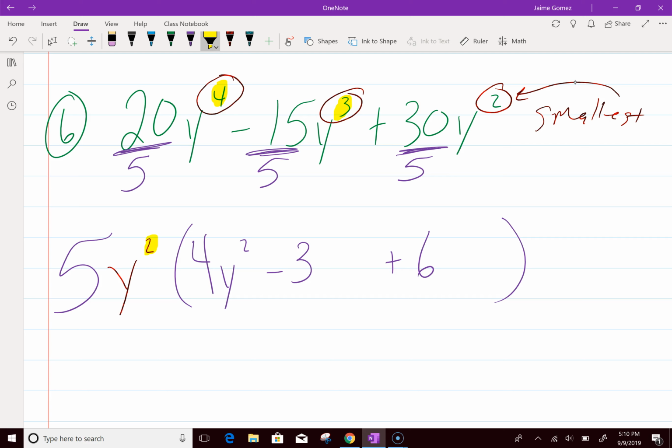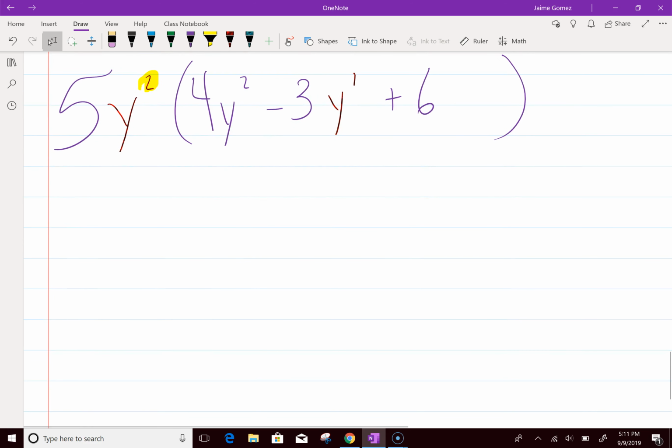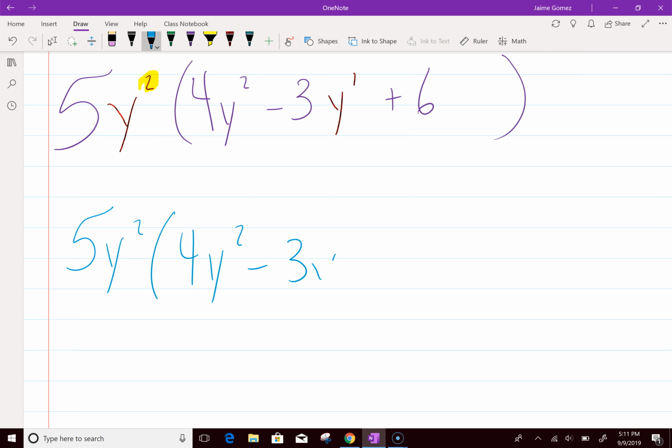I have 3 y's here. I'm taking away 2. 3 minus 2 is 1, so I have y to the 1 there. I have 2 y's right here. I'm taking away the 2. That means it's 0 y, so I'm done. So to rewrite this, it would be 5y squared times 4y squared minus 3y plus 6.